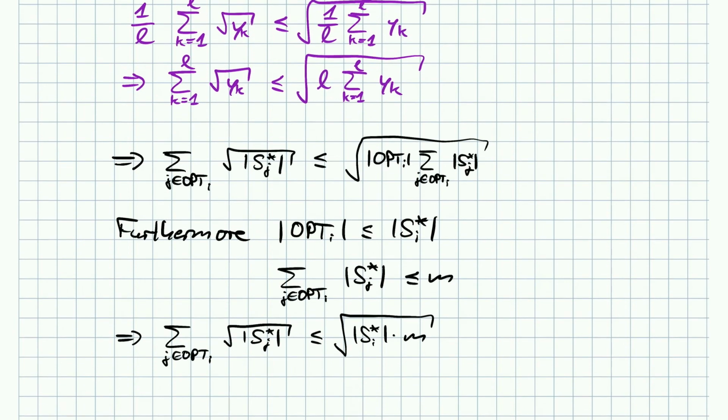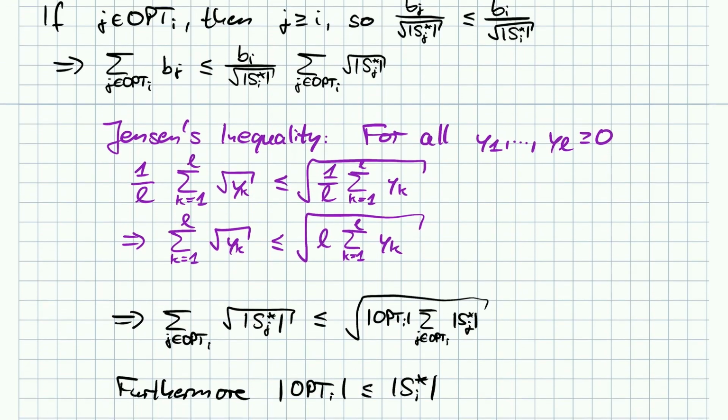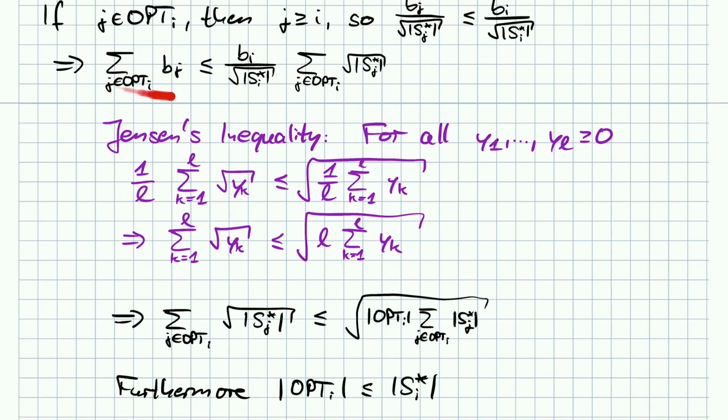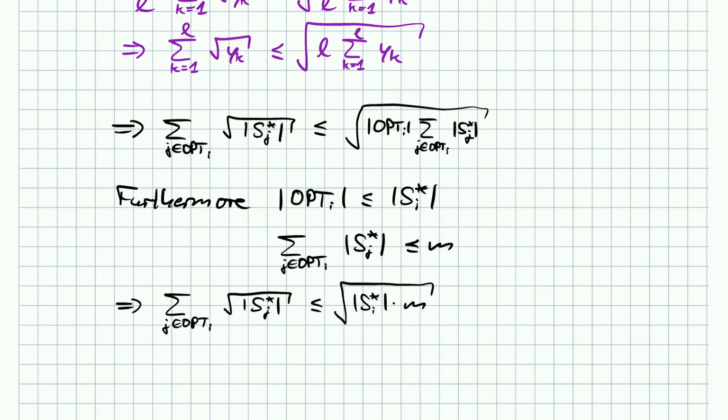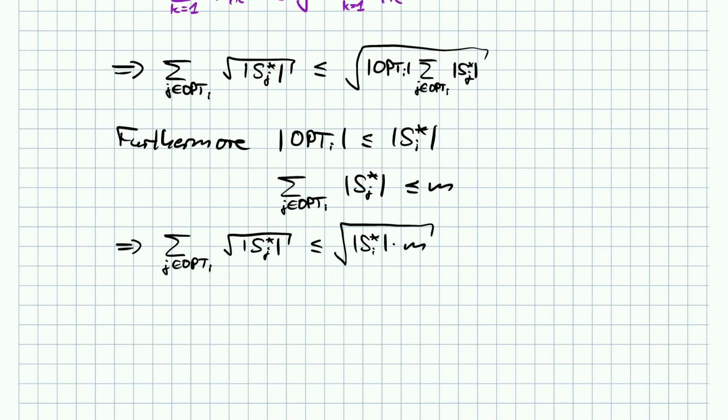Now, where were we coming from? We were coming from here. We now have a bound for this. And now we can just combine this. Where are we getting?